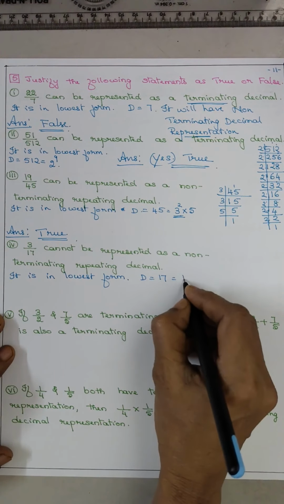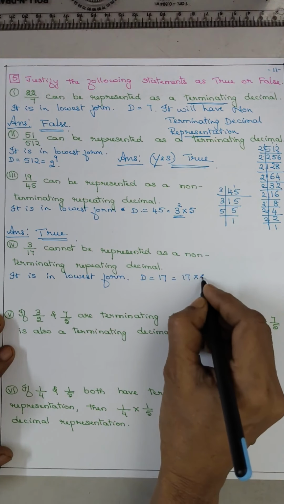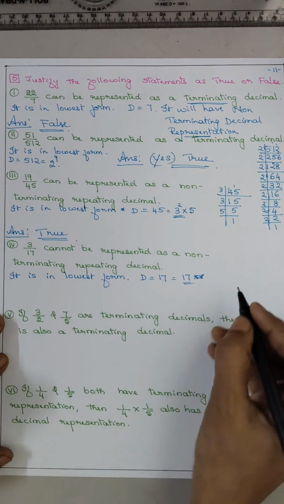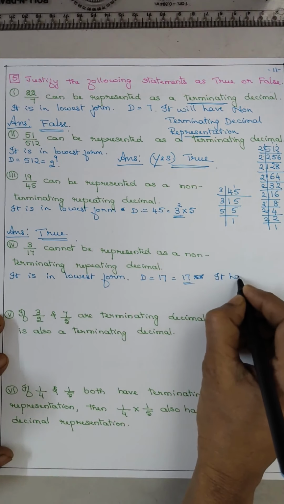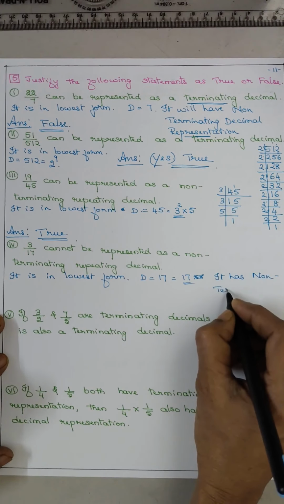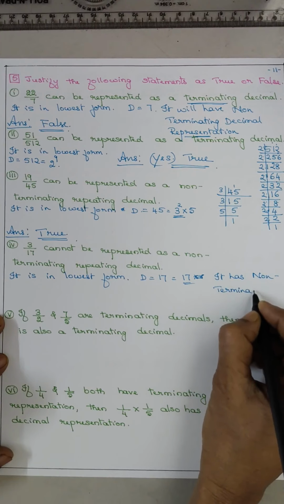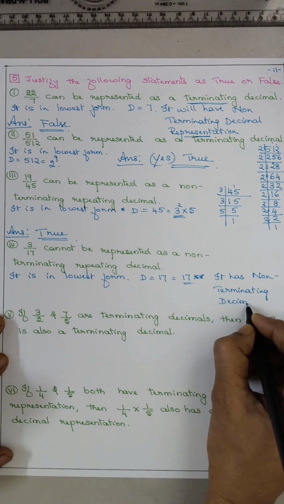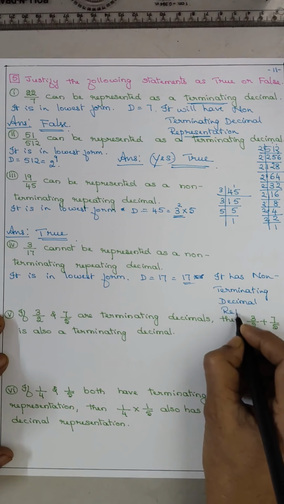That is 17 into 1, a prime factor, so it has a non-terminating decimal representation.